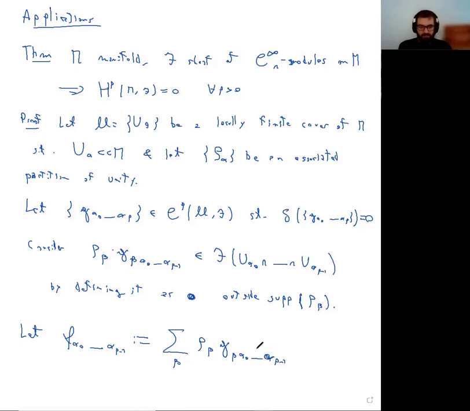You see, each of the sums takes place in this open set, U alpha 0 intersected up to U alpha p minus 1. So this is an element of C^{p-1}(U, F).